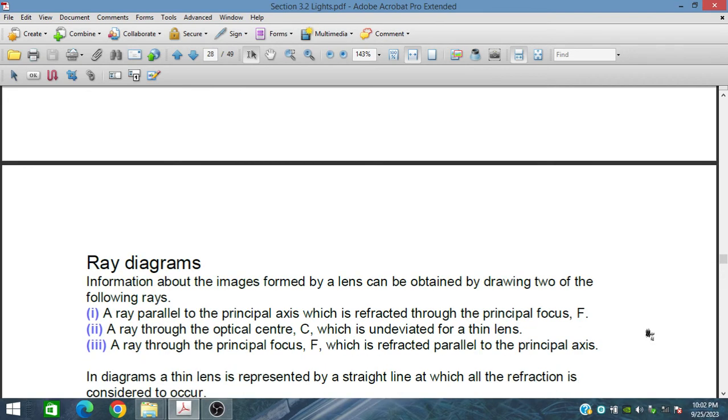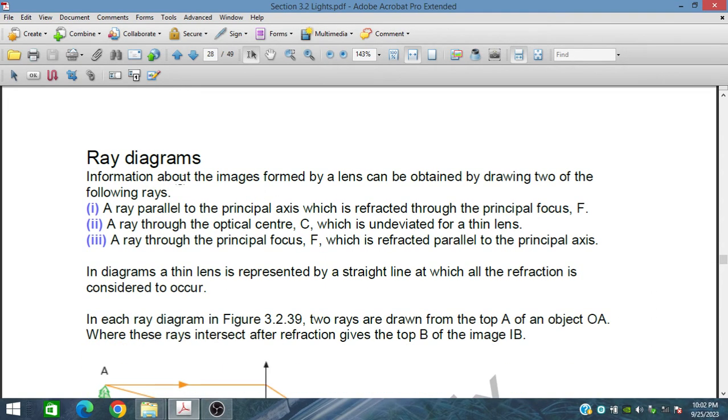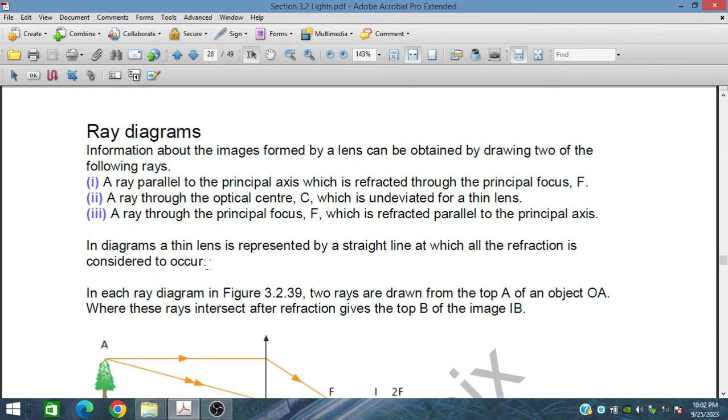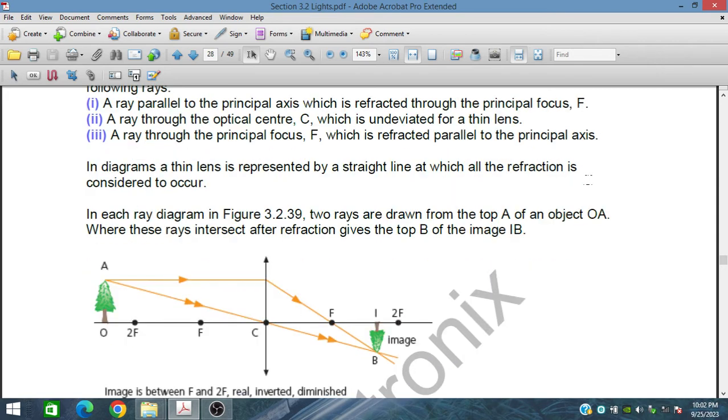For the ray diagram, information about the image formed by the lens can be obtained by drawing two of the following rays. There are three types of rays. First, a ray parallel to the principal axis, which is refracted through the principal focus.